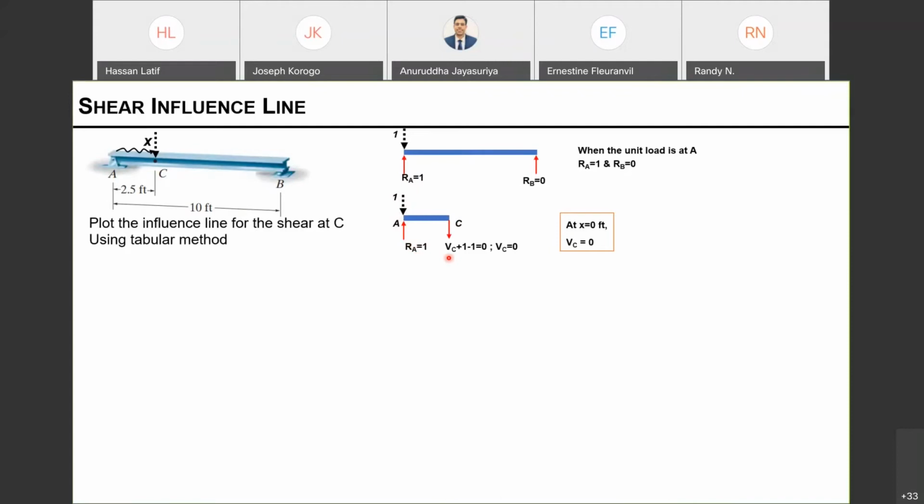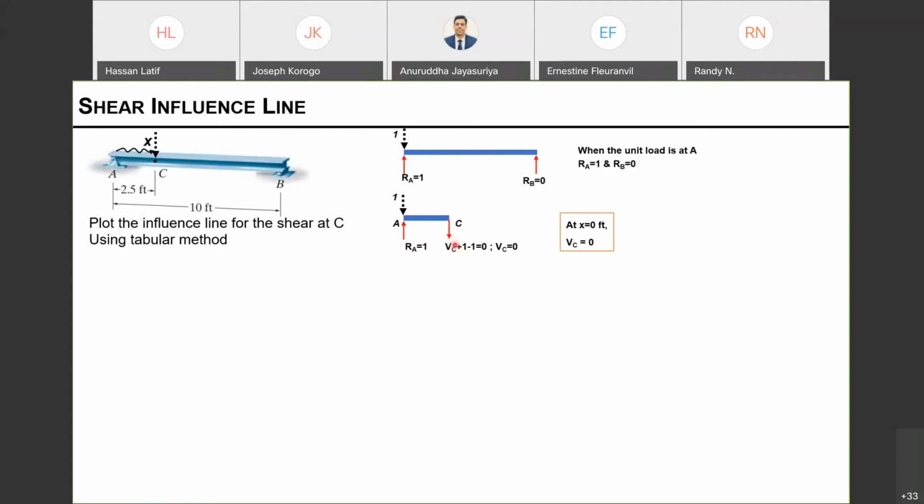So now we have forces. If you can remember, this is the left cut of the member, therefore we say downward shear is positive. Let's consider that as VC, the shear force at C. VC is positive because it's going downward.